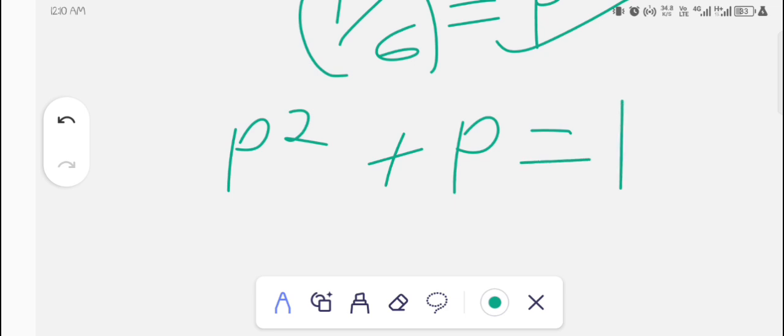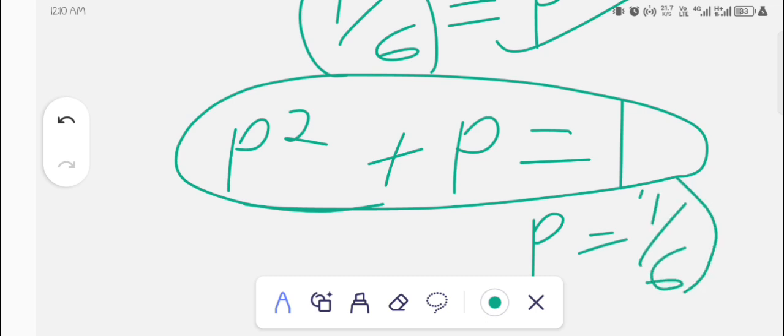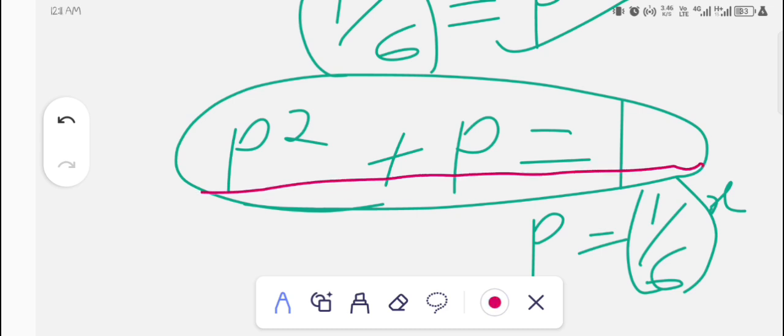So we realize that the original equation has now been reduced towards a quadratic equation. Can we see that now? Where p is simply equal to what? 1 upon 6 all to the power of x. So what it implies here now is that we shall be solving for p in this quadratic equation, and after which we bring it down here to get the value of x.